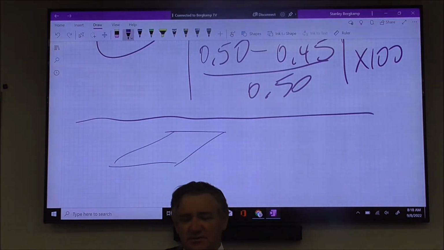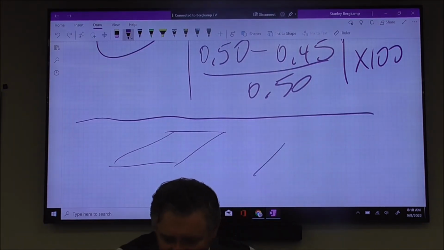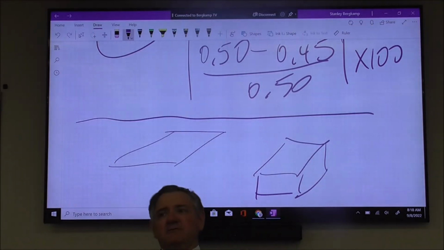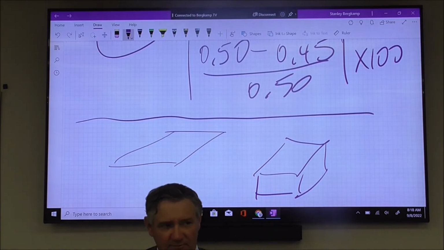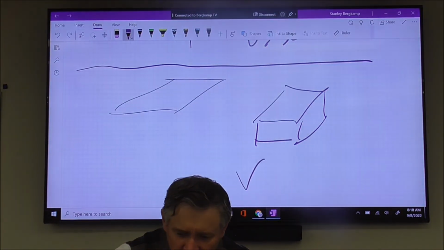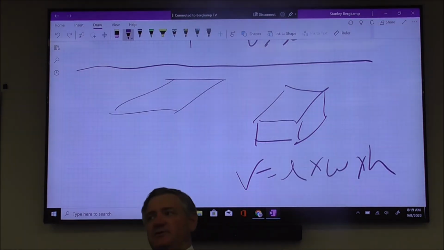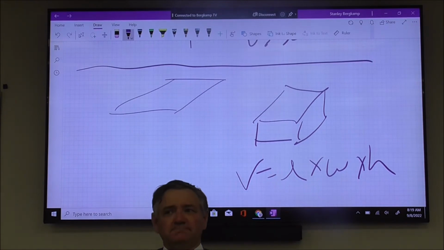Now let's think this through. Pretend that you're in a math class. If I gave you a block of wood like this, how would you calculate the volume of that block of wood? Your volume would be length times width times height. True?